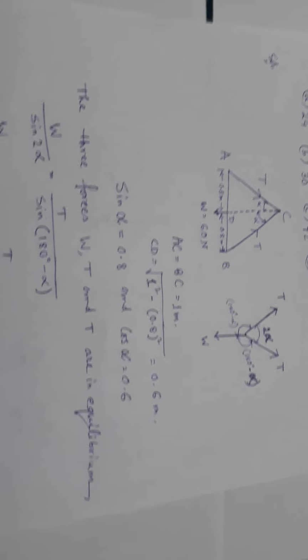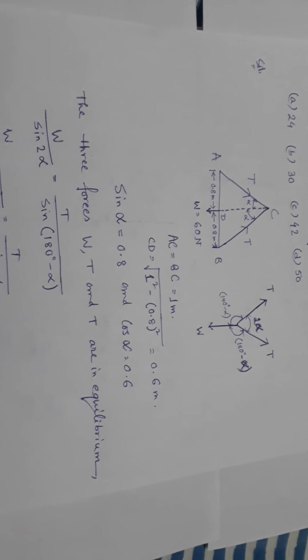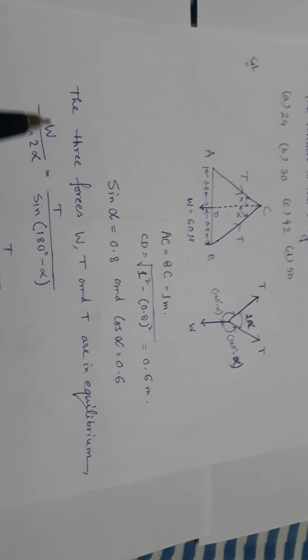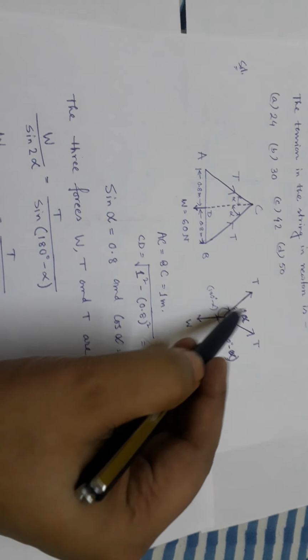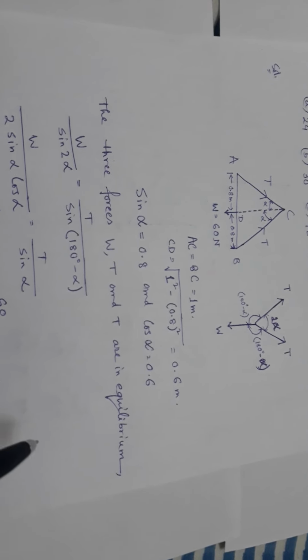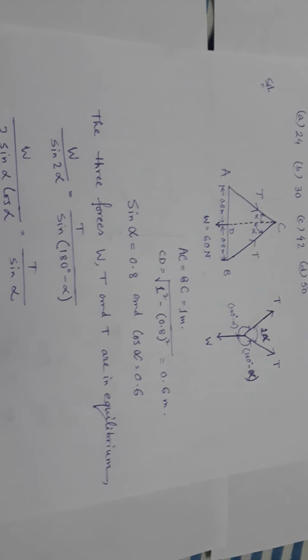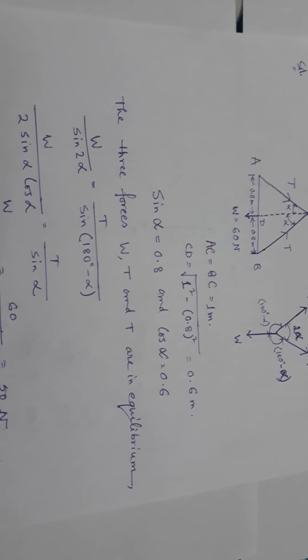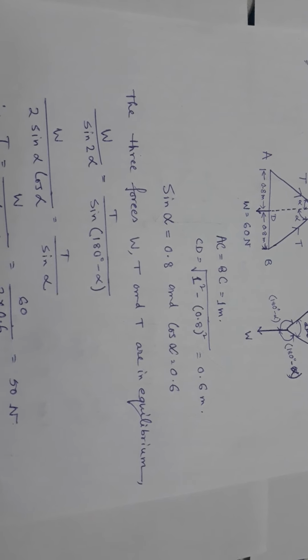Okay, so let's focus on the problem. The three forces W, T and T. This is W, this is T, this is another T. So the three forces W, T and T are in equilibrium. From this free body diagram, we can easily write that W sine 2 alpha equal to T sine 180 degree minus alpha.